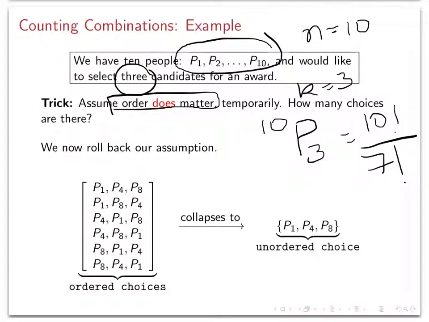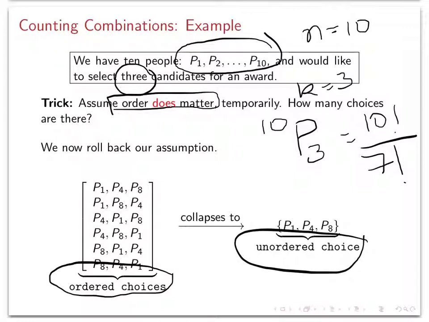Now let's roll back our assumption that the order matters. What does rolling back mean? It means that we have to look at how many ordered choices, and these are ordered choices, mind you, collapse onto an unordered choice. We want to say how many ordered choices collapse onto the same unordered choice. Suppose you have a choice P1, P4, P8.